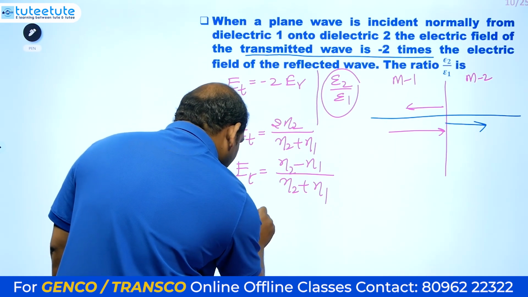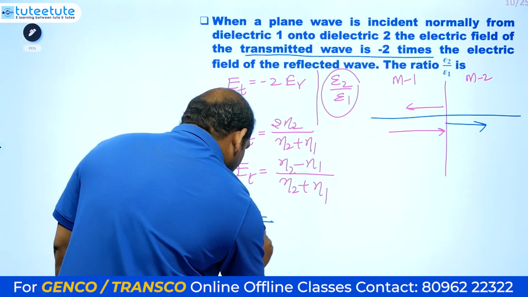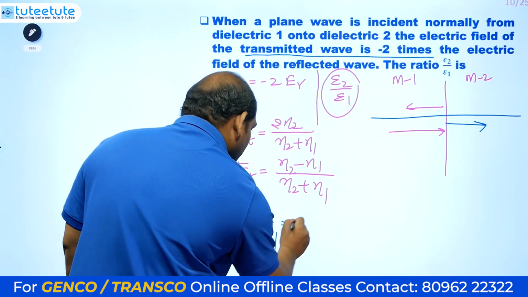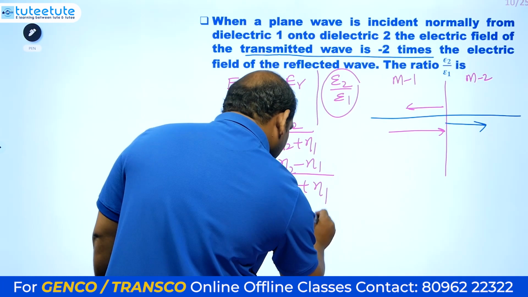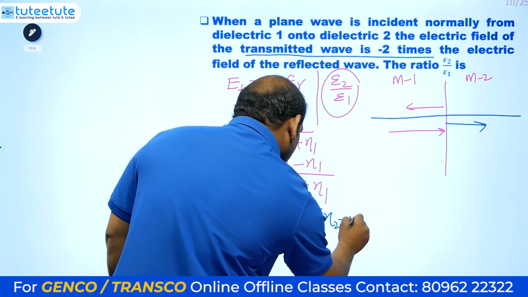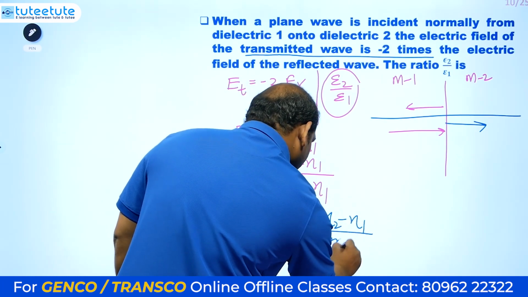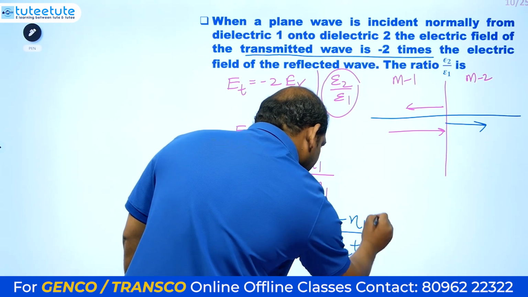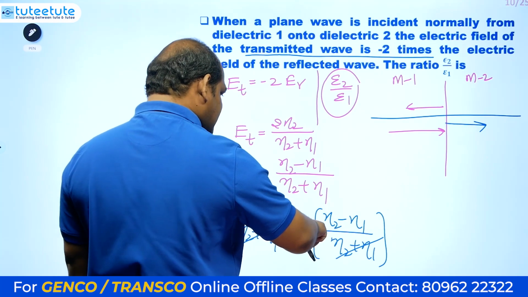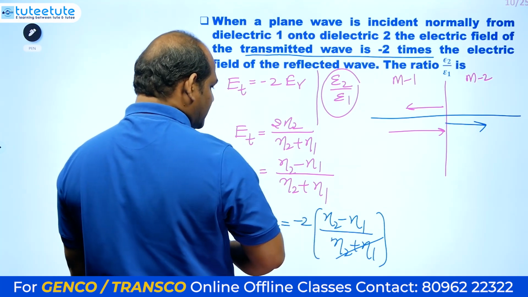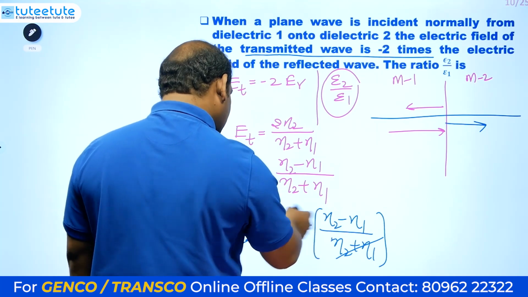So 2 times eta 2 by eta 2 plus eta 1 is equal to -2 times ER. ER is nothing but eta 2 minus eta 1 by eta 2 plus eta 1. So this one will be cancelled. Then this is -2 times eta 2, you can send that one this side.